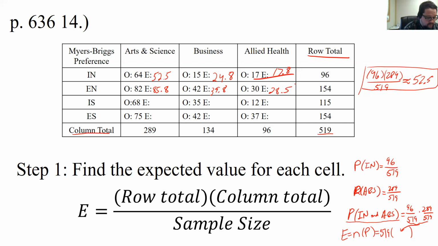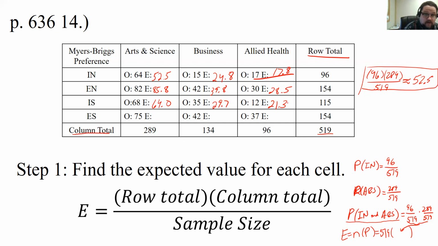We got 115 times 289 divided by 519, about 64.0. 115 times 134 divided by 519, that's 29.7. 115 times 96 divided by 519, 21.3.